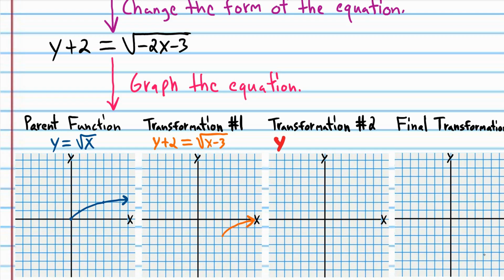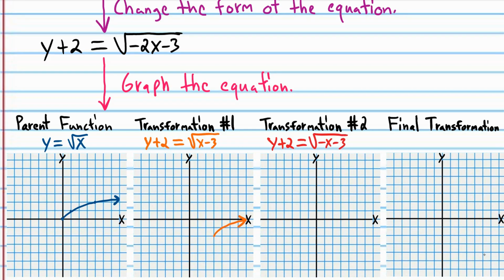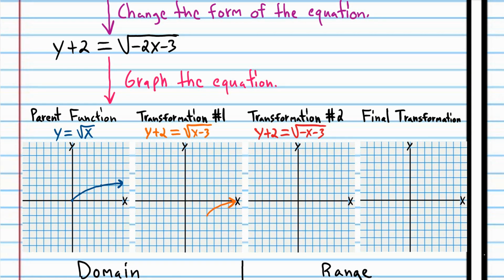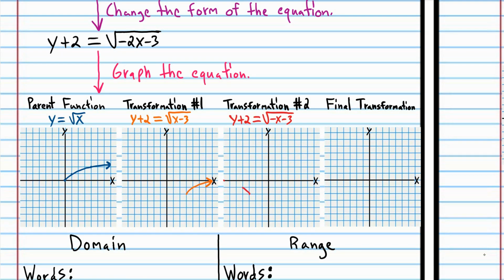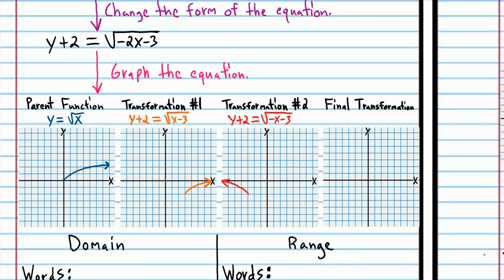I'm going to replace x with negative x. So we have y plus 2 is equal to square root negative x minus 3, and that's going to reflect across the y-axis. So our graph ends up looking like this. There's kind of a sloppy curve there, but you get the point.